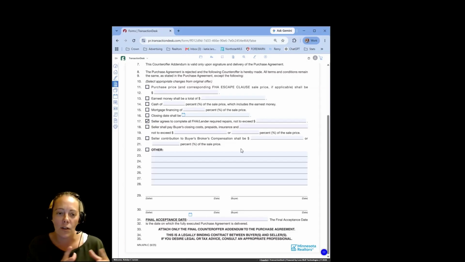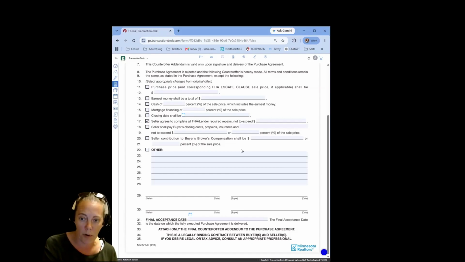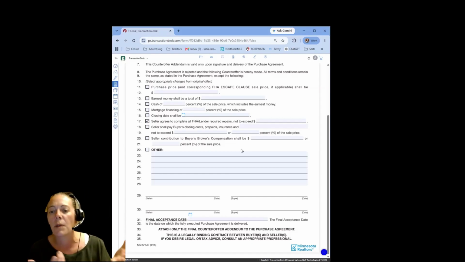As a buyer, you can ask the seller to just agree upfront to pay for a certain dollar amount of work that the lender requires on the property for them to be able to fund the property. Okay. These usually come into play when we have our low down payment loans. They don't usually come into play with any of our conventional stuff. They're definitely not going to come into play with cash offers, right?